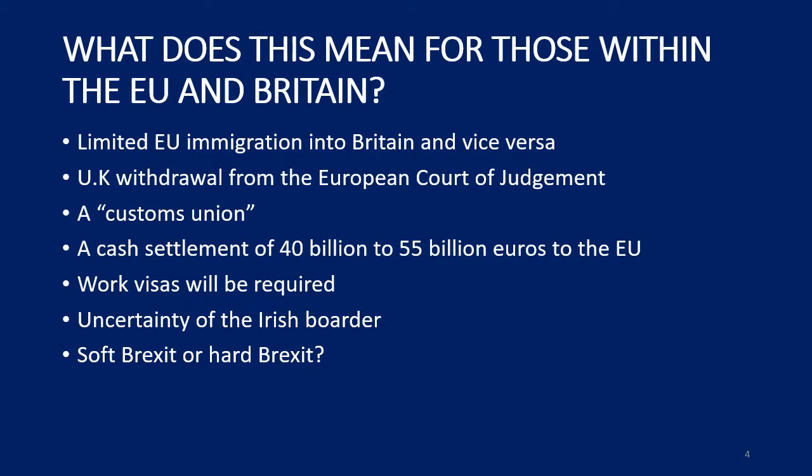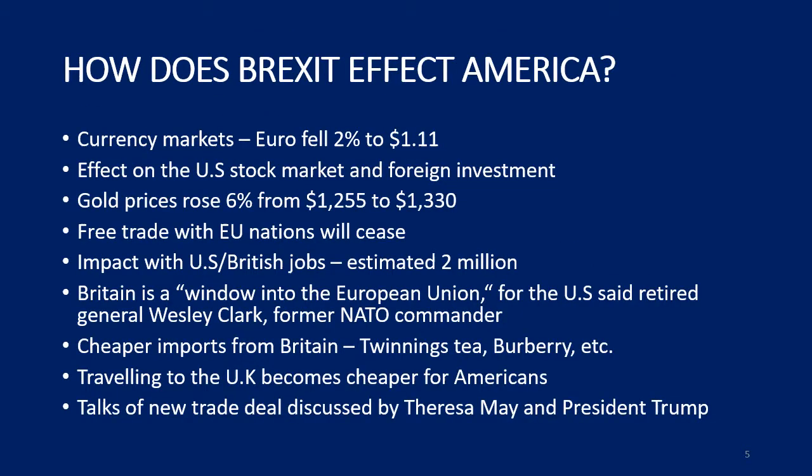Work visas will now be required for Britons to work within the EU and for members of EU countries to work within the UK. There is currently great uncertainty of what will become of the Irish border. It is not yet known if it will be a soft Brexit or a hard Brexit, which reflects on the outcome of what the Irish border will be.